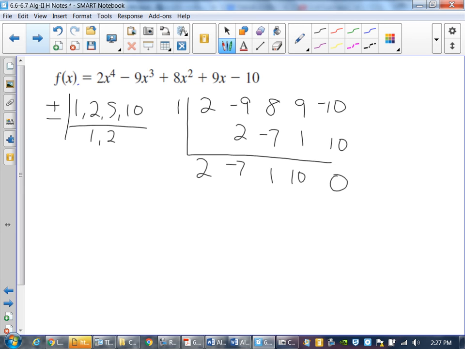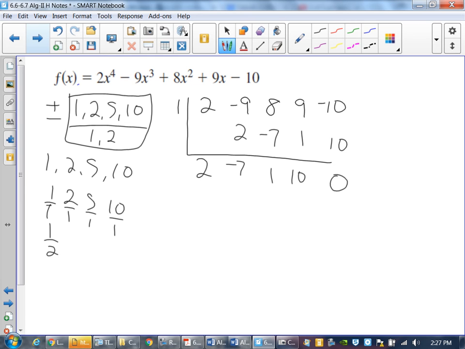Now, because if you think about this list here, guys, this list is 1, 2, 5, and 10. Then it's 1 over 1, 2 over 1, 5 over 1, 10 over 1, or 1 over 2, 2 over 2, 5 over 2, and 10 over 2. These I don't care about because they're all right there.